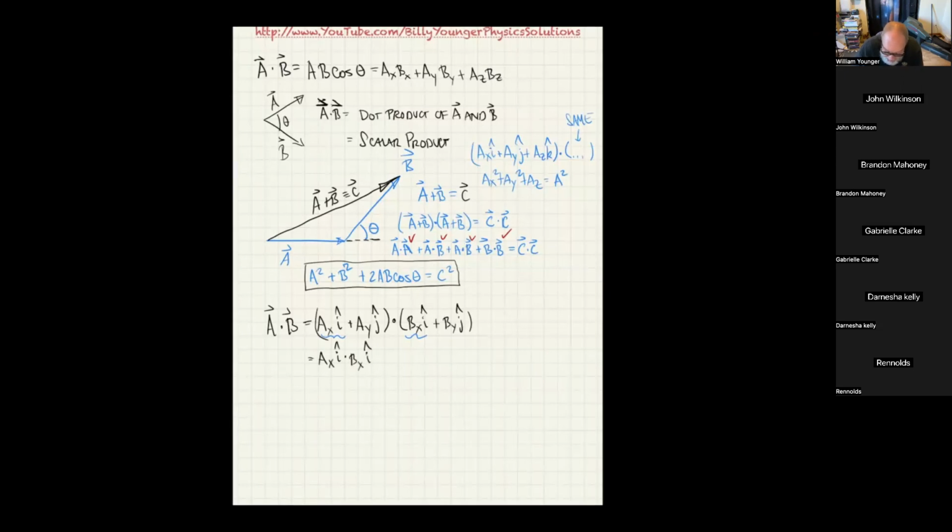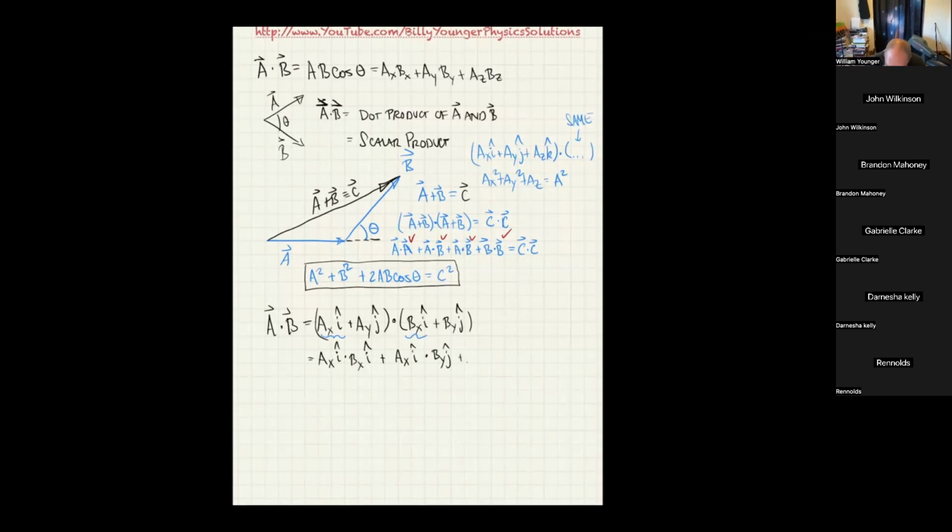And now I've got to have the first term hit the second term. So this one's going to be plus Ax i hat dotted with By j hat. Now I've got to make the second term of the first factor hit the first term of the second factor.